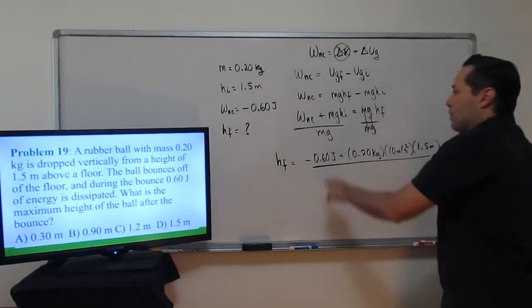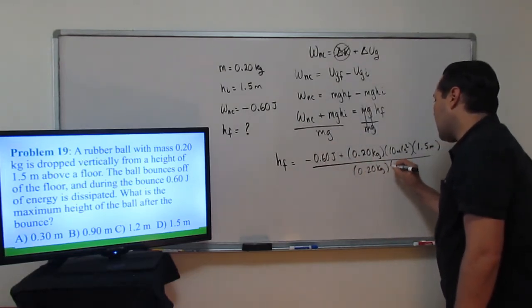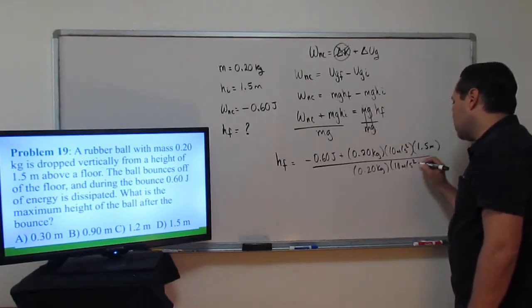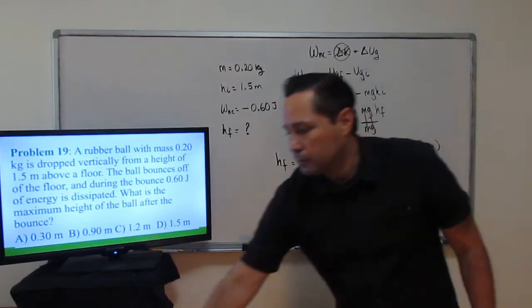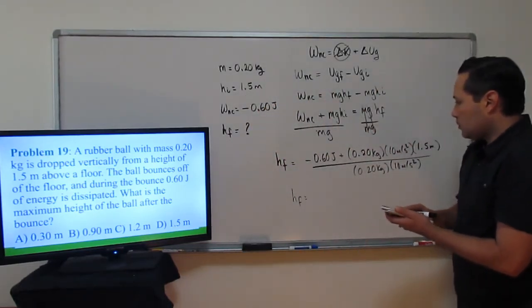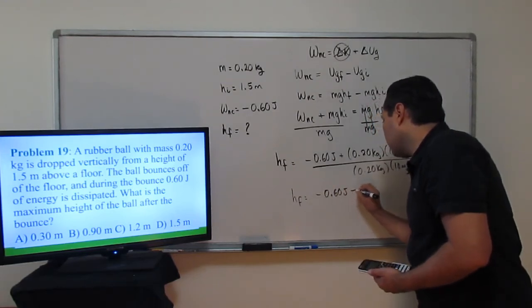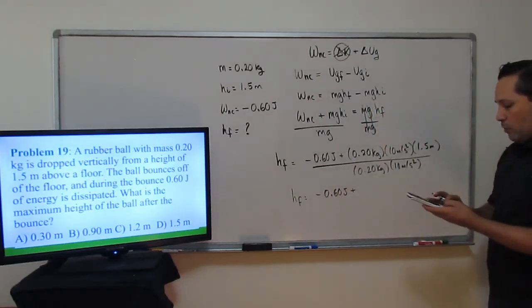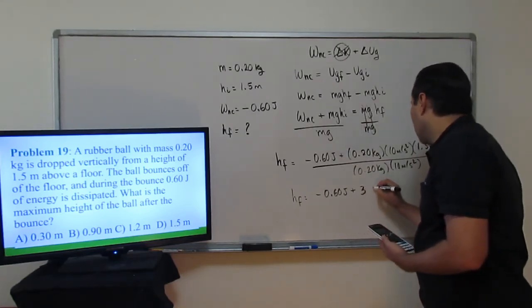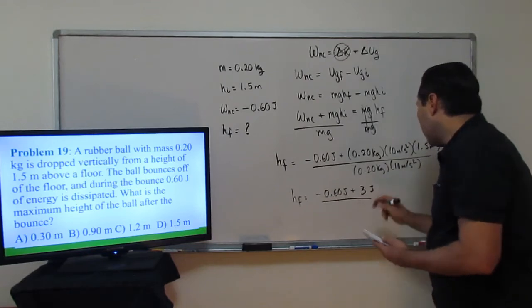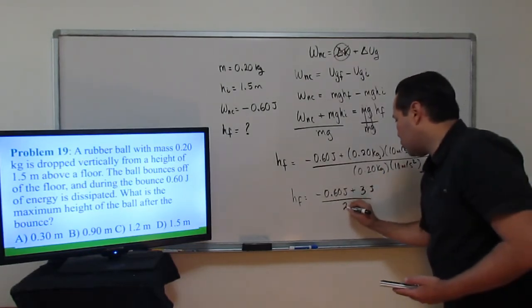All of it will be divided by the mass times gravity: the mass, 0.2 kilograms, times gravity, 10 meters per second squared. So it's going to be negative 0.6 joules plus, let's see, 1.5 times 10 times 0.2, which gives us 3 joules, divided by 0.2 times 10, which is just 2 joules.